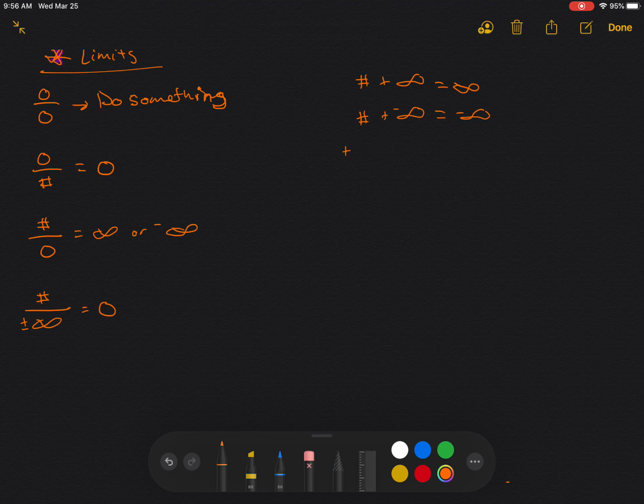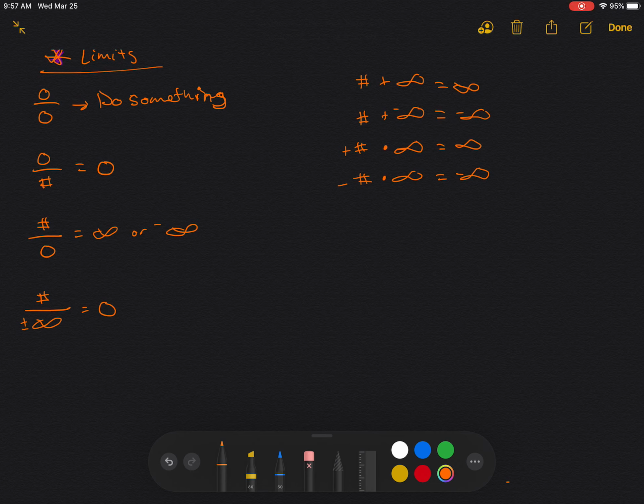Now positive numbers, and think about this. If you've got a positive number multiplied times infinity, it's going to equal infinity. A negative number times infinity is going to equal negative infinity.